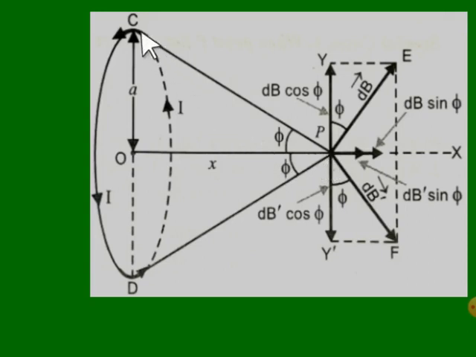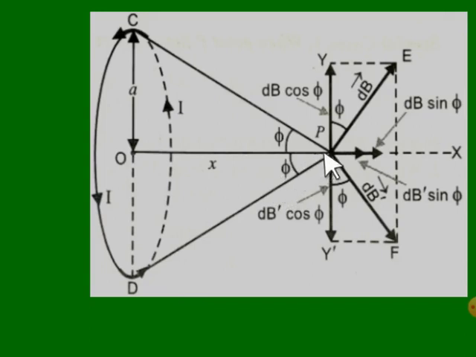That means angle CPO is equal to phi. Let's take it that way, phi. And similarly, as it is along the axis, angle CPO, or you can say OPC, will also be equal to angle OPD, and that will also be equal to phi.